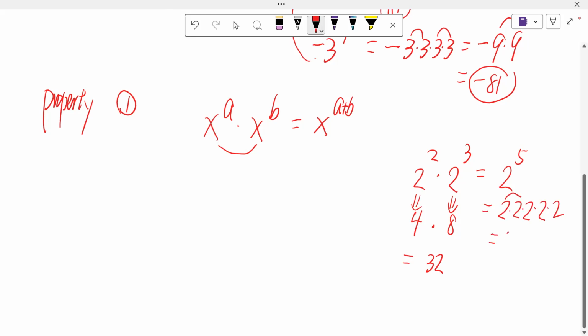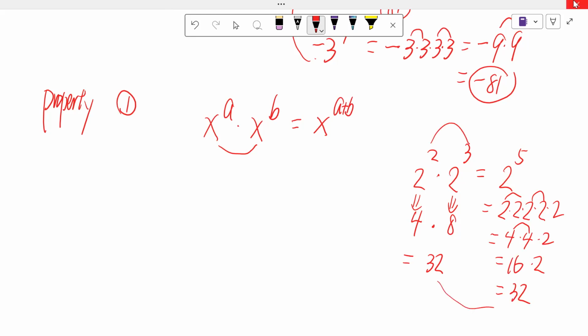We get 4 times 4 times 2, and 4 times 4 is 16, times 2 is 32. That's why we add the powers; we end up with the same result. You can verify this using any real number example. It's very straightforward. Okay, now let's try some examples.